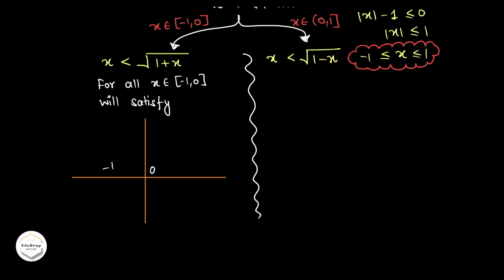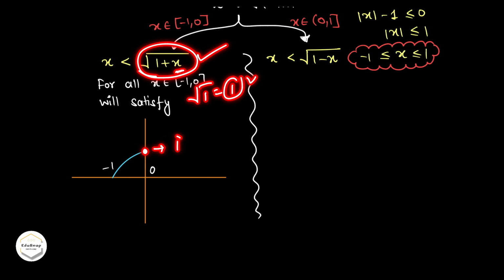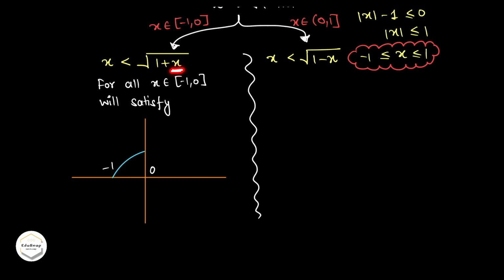Now if you put 0 here, you will get root 1, that is 1. That's why this value is 1 here. Now if you put -1 here, it is going to be root 0, that is 0 here.